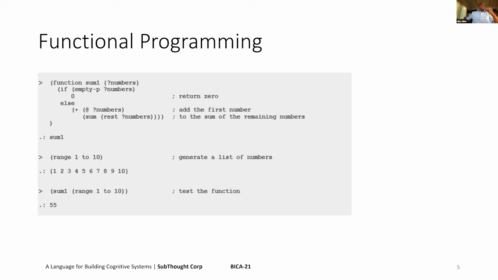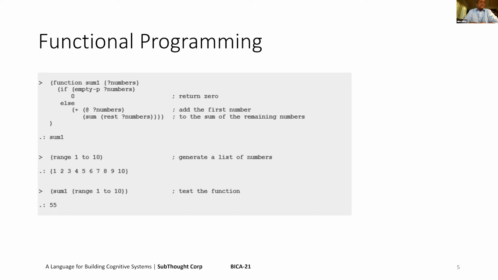So we get our function sum1 after the ergo sign. Then we have a built-in function called range, which gives us a range from a starting number to an ending number, and we can pass sum1 this list.